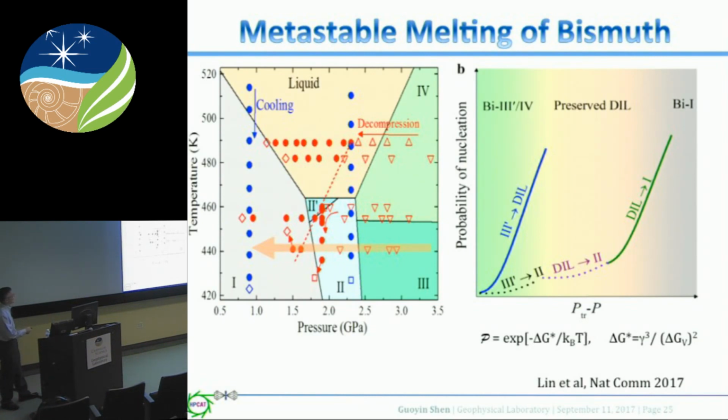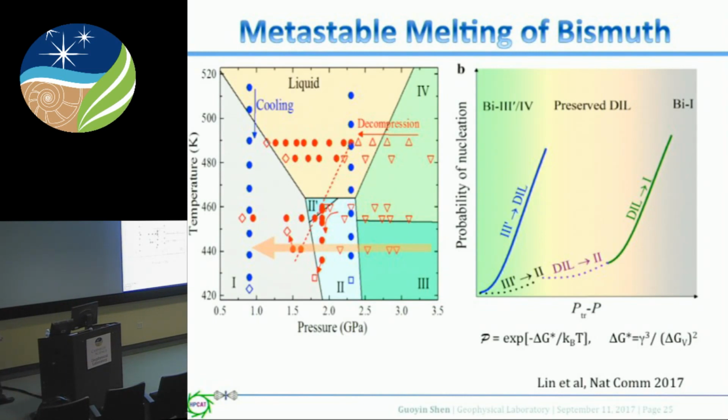Then why this liquid is preserved in this range is more related to this delta GV, because for bismuth it's quite unusual that there's almost a flat melting curve involved. In other words, there's no density difference between liquid and crystalline solid underneath that. And the delta G between liquid and crystalline solid 2 is very small.